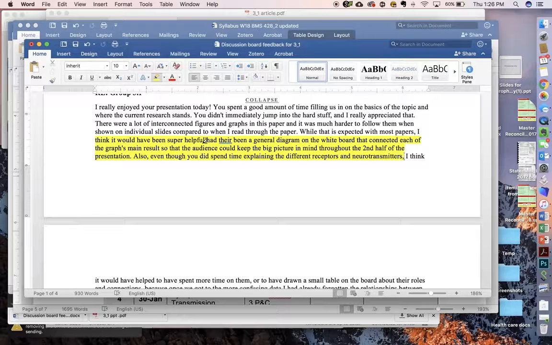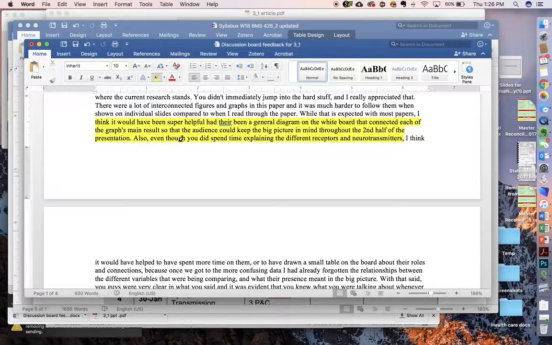So what she's asking for is, you've got the PowerPoint presentation there, but you could use the whiteboard to help keep track of what's going on, and help the audience have that big picture in mind. That was something that we'd done before in the previous round, and so she was recommending it there.